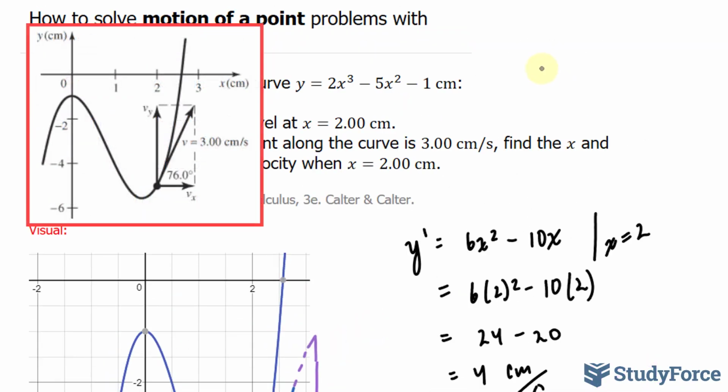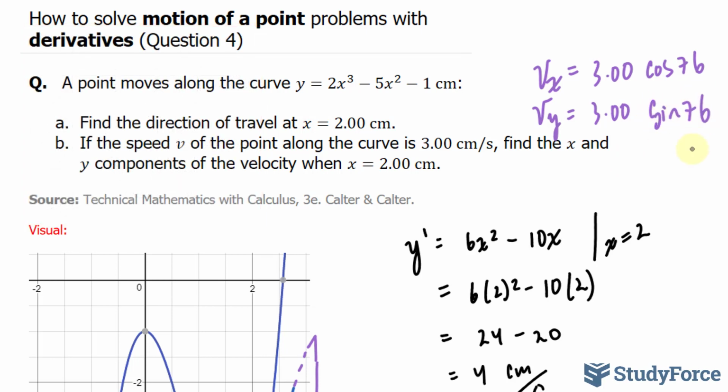So to find the x component, which I'll denote as Vx, we'll take our speed, which has been given as 3.00, and multiply it by cosine 76. To find Vy, we'll take 3, our hypotenuse, times sine of 76. This is how you resolve the velocity vector, v.